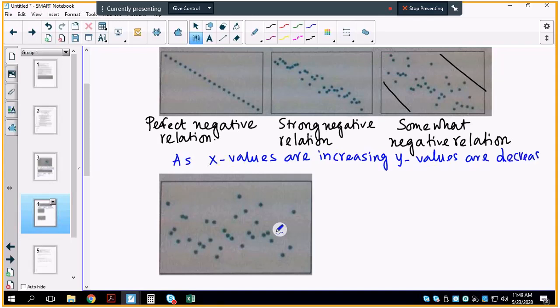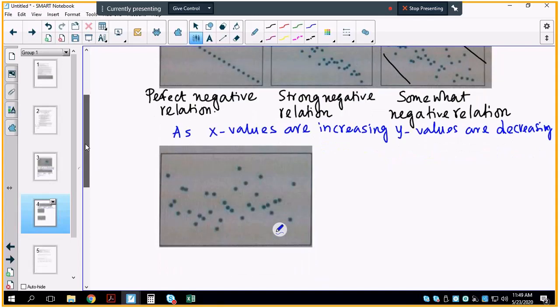What I would like you to remember, because this is a common mistake done by students, never use a phrase like as x values are decreasing. When you are interpreting correlation, you should always say what happens to y when x values are increasing.